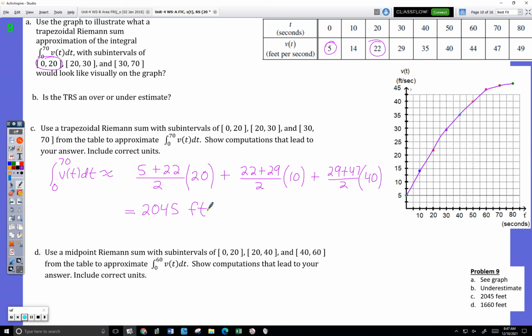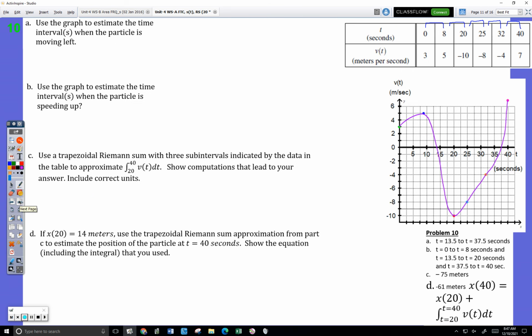Go to number 10. Raise your hand if you know the answer to 10A.